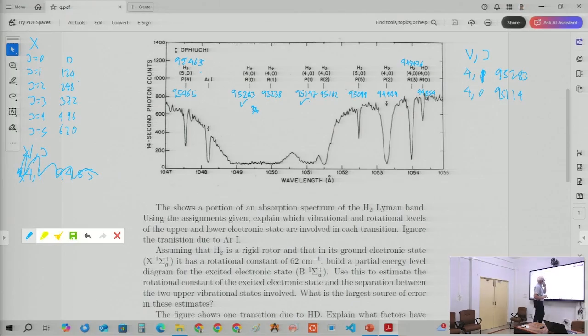R1 will take us to 4, 2, and we have to add 124 to this number. So that'll give us 95362, I think.